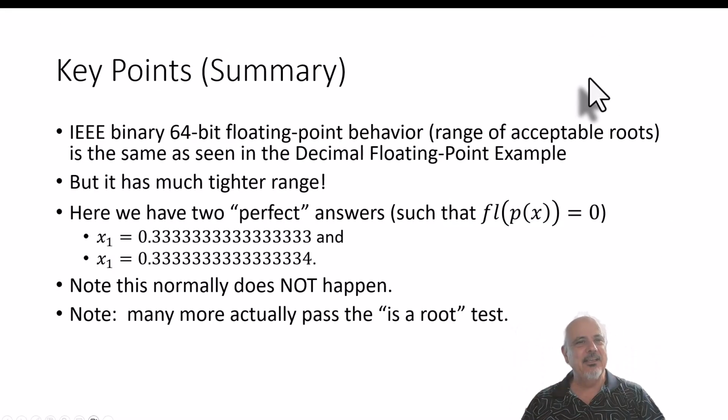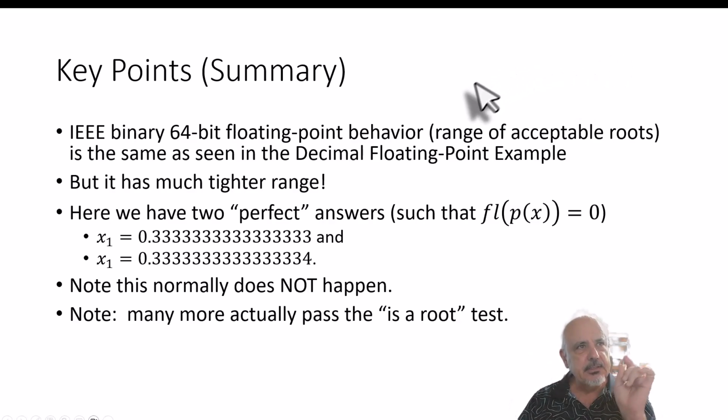All right, so the key summaries here. We've taken a look at 64-bit floating point behavior near a root, the 1/3. And it's the same phenomenon that we saw in the 2 decimal digit and the 3 decimal digit cases. You get this swath. Now here, obviously the swath is not that big, but you do get a swath where things appear to be a root to within floating point calculations.